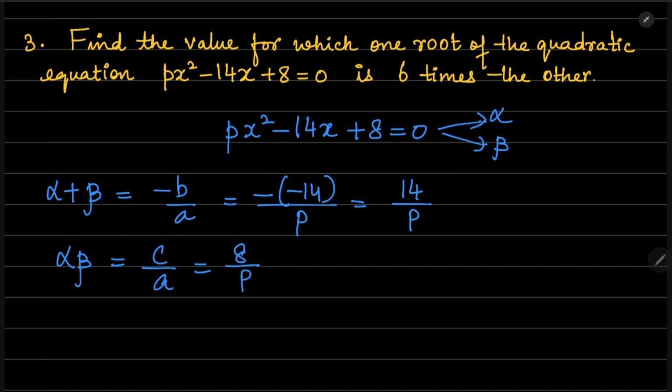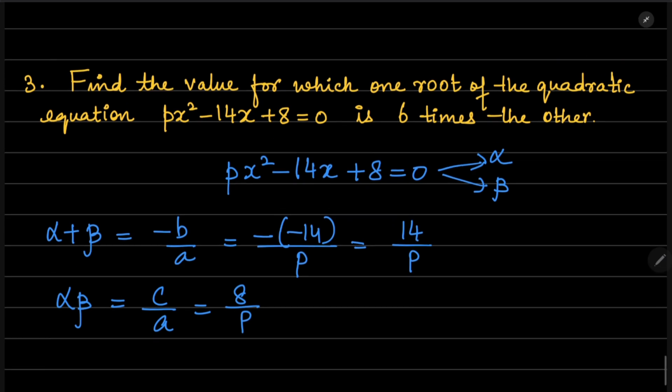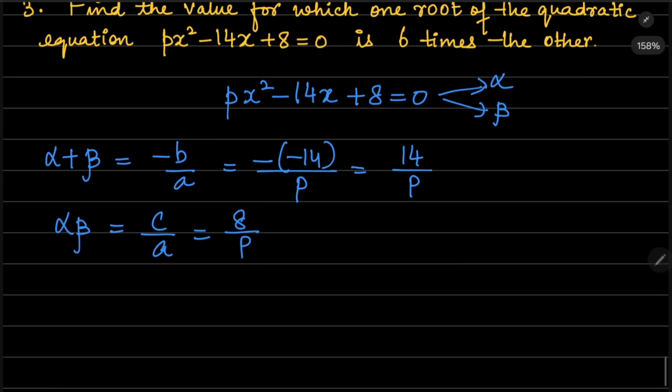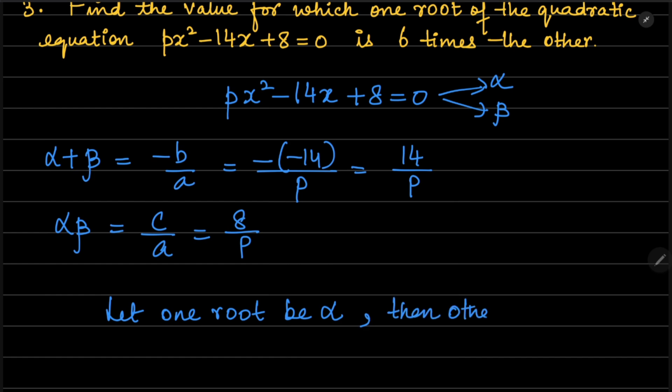Now, what is given is, find the value for which one root of this equation is 6 times the other. So, let your one root be alpha, then the other root will be 6 alpha.